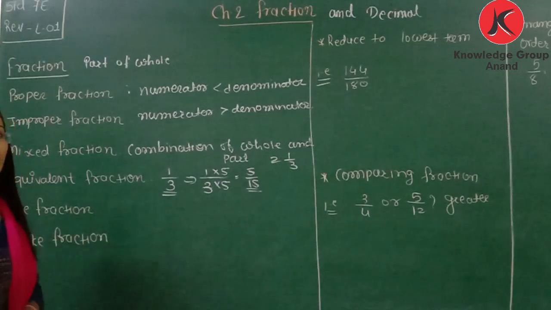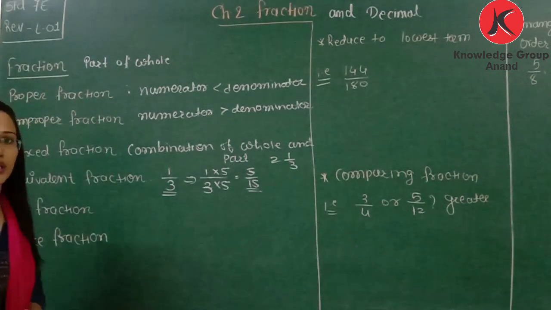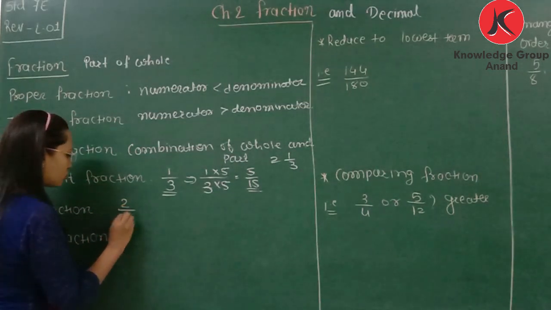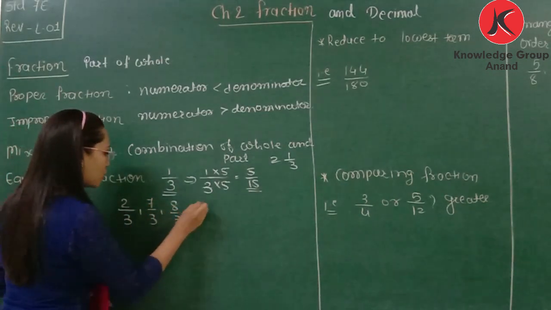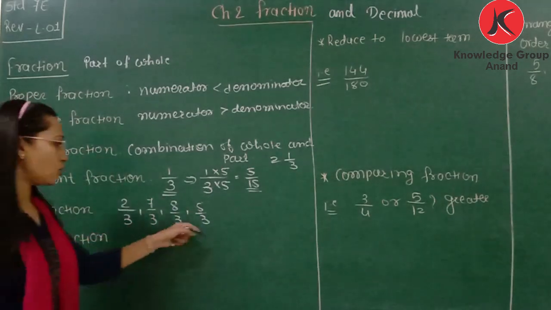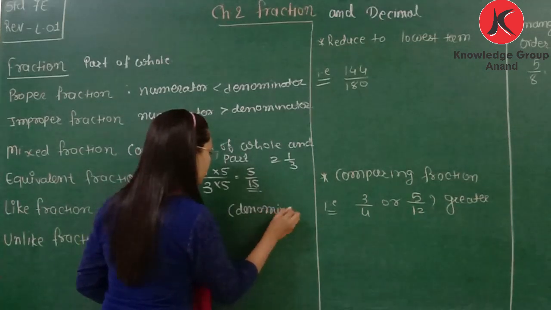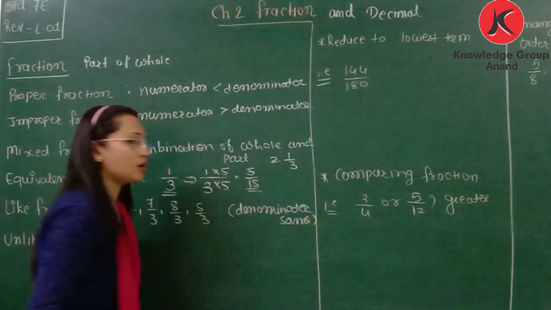After that we learn about the like fraction. Now what is like fraction? If the denominators of two fractions are the same. So let's take the example 2 by 3, 7 by 3, 8 by 3, 5 by 3. These are examples of like fractions. Why? Because the denominators are the same.